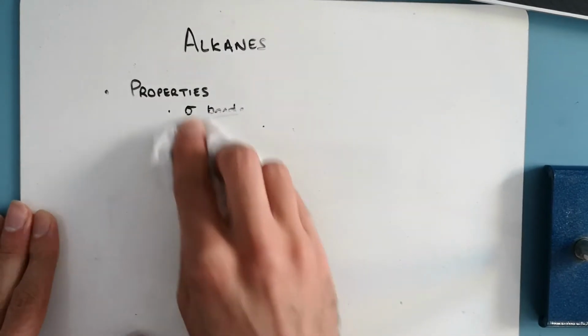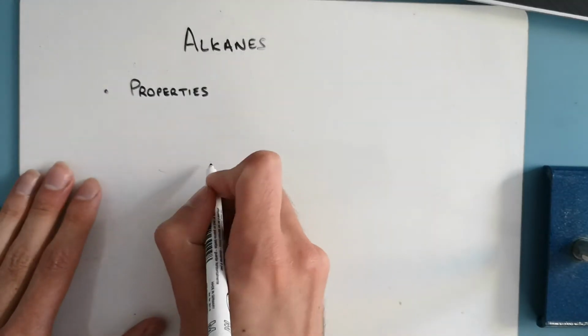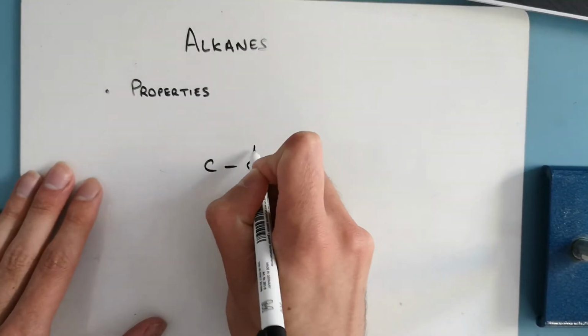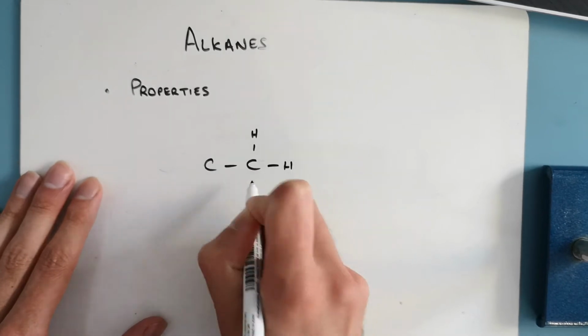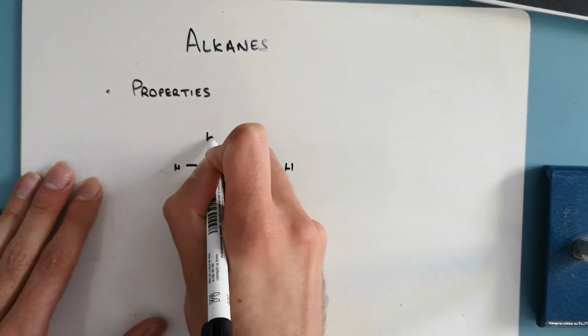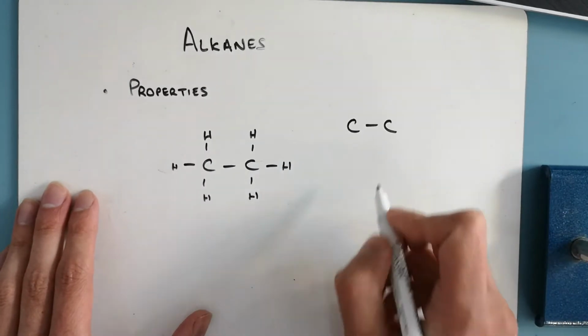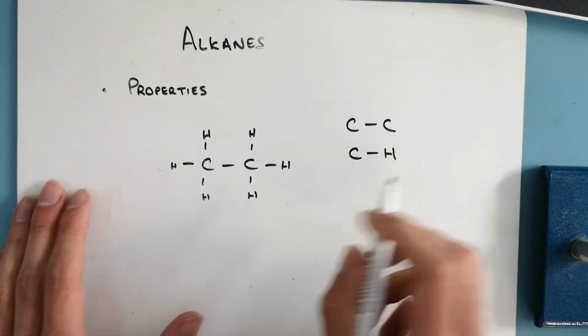So, first up, if we look at the properties, and we take just an ethane molecule, what it's made up of is a whole series of, well, we've got one carbon-carbon bond and one carbon to hydrogen bond.